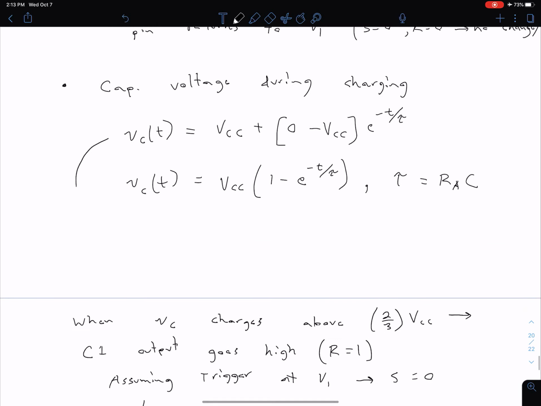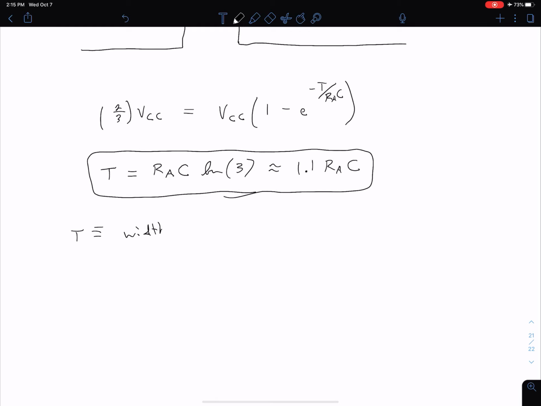So that's the equation that we get for our pulse width. Let me point something out here. This T, which we defined as the width of our output pulse, is only a function of the external time constant tau.